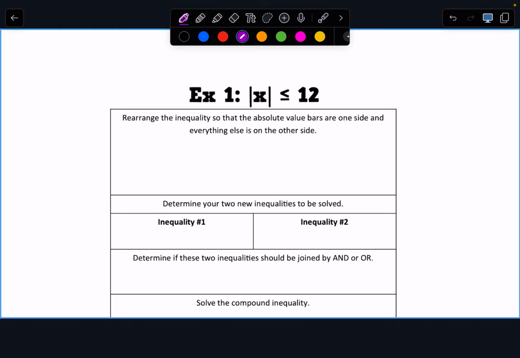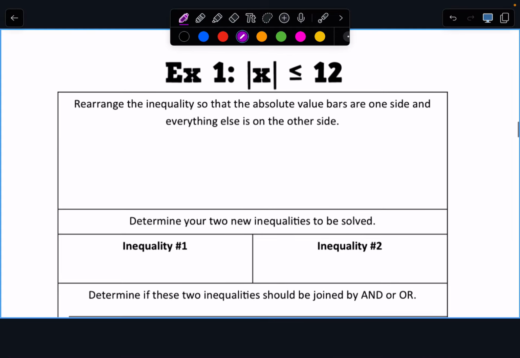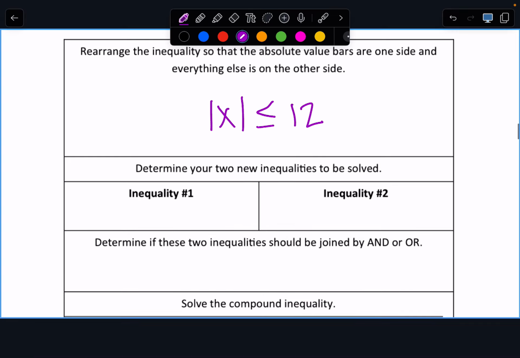These are the steps that I need you to be processing through in your brain when you are solving these problems. So the first thing that you need to do is make sure that the absolute value is isolated. Is that true in example 1? It is already by itself. Okay? Then we need to write our two different inequalities.